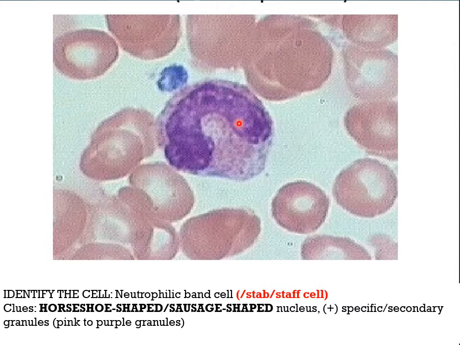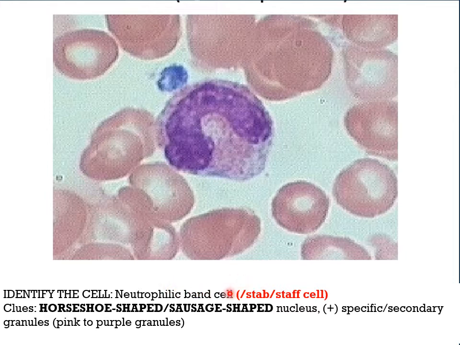Okay, next. As compared sa kanina na mukhang kidney shape, ngayon, mas lumalim na yung kanyang indentation, forming a horseshoe or sometimes sausage-shaped nucleus. Okay, mas na-flatten ngayon, o pinahaba yung itsura ngayon ng nucleus. And this time, ano ang tawag sa ating cell? This is known as band cell or stub cell or staph cell.